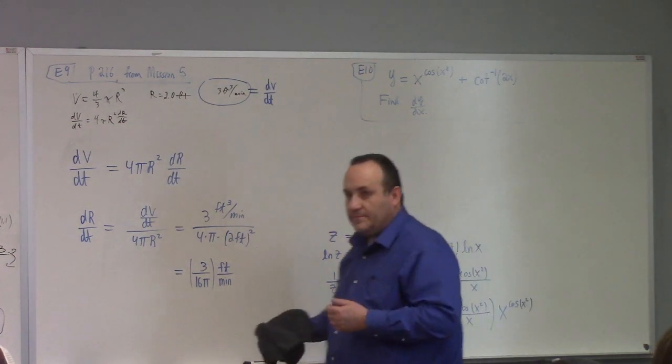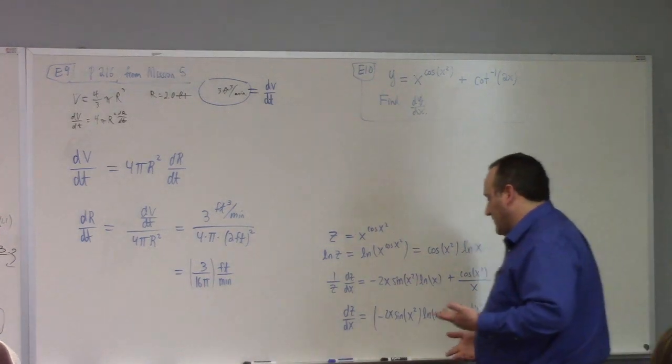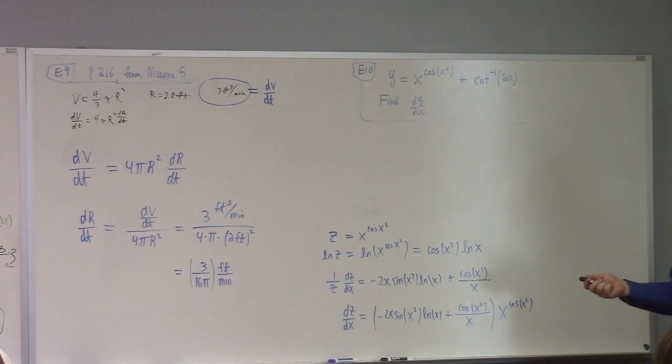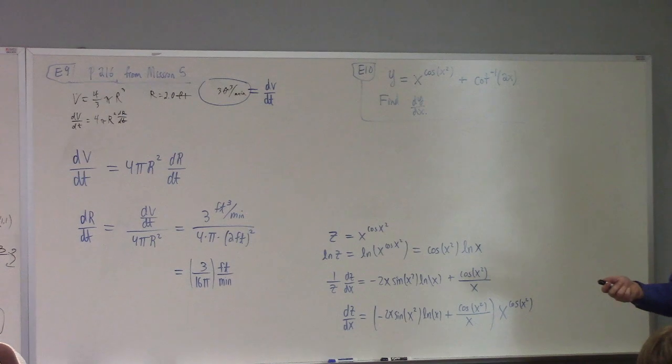Now, if you already know the derivative of inverse cotangent, then great, you can just use it. But do you know it? I think it's minus 1 over 1 plus x squared, but I'm not sure. It might be 1 over 1 plus x squared.